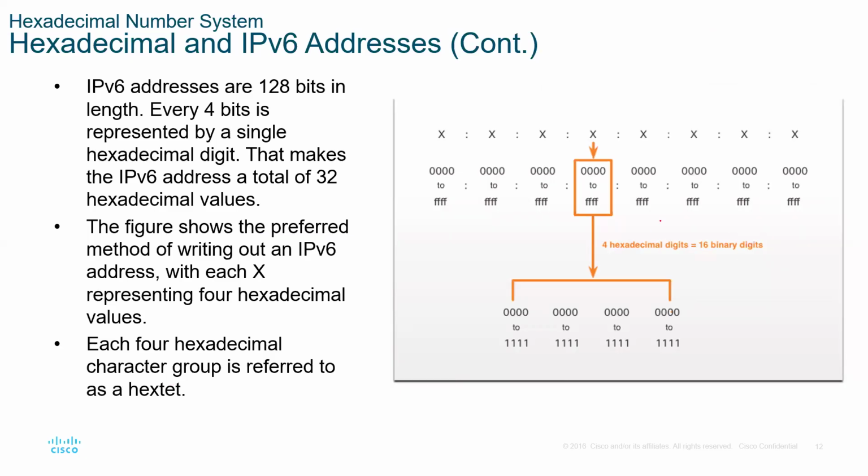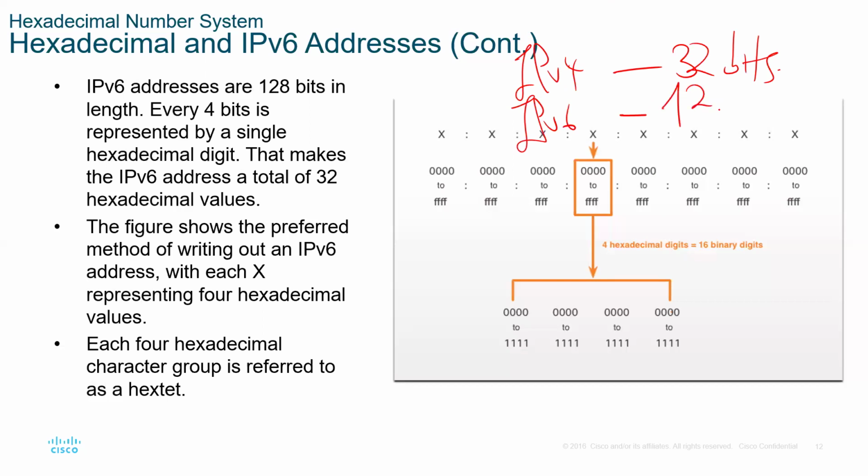This is the format of an IPv6 address. IPv4, version 4, is the IP address with 32 bits. IPv6 has 128 bits.